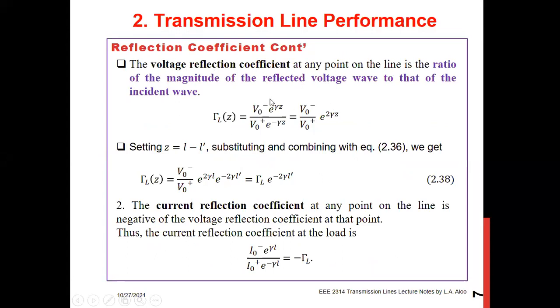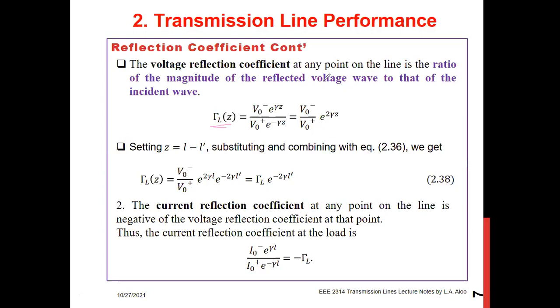But I don't prefer a situation whereby you are dropping the word voltage in all the definitions, because then it will become ambiguous. So generally speaking, the voltage reflection coefficient at any given point on the transmission line would be the ratio of the magnitude of the reflected voltage wave to that of the incident voltage wave, or the forward traveling voltage wave.